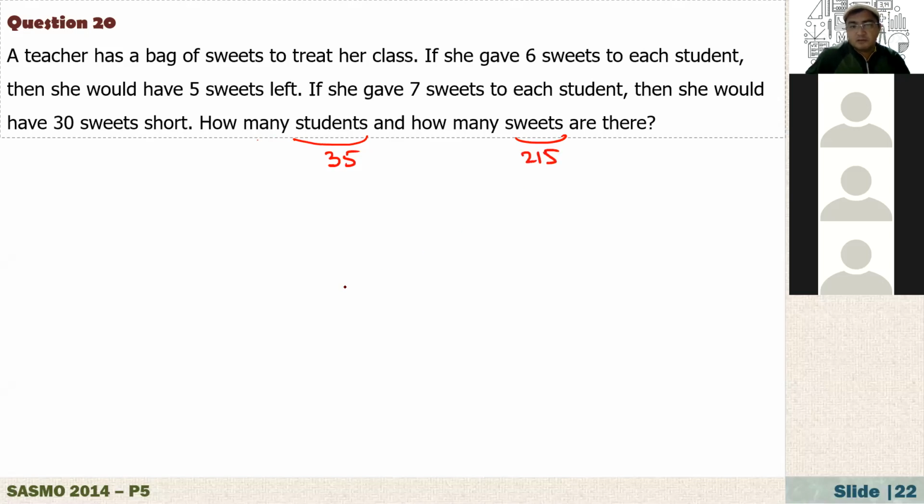Yes, 215. Same answer. Okay, Nargis, how did you get the answer? Students are 35. Anybody has a different answer from Nargis' answer?